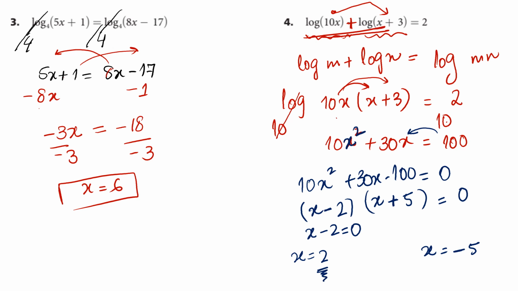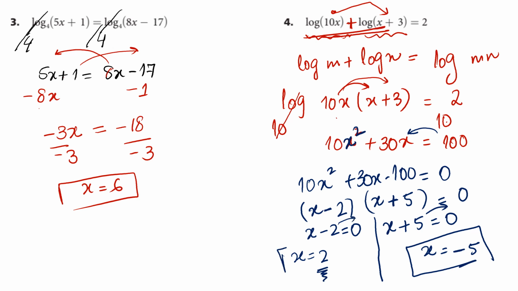So x minus 2 equals to 0 and then x plus 5 equals to 0. If you bring the plus 5 here, you will get -5. And if you bring the -2 here, you will get x equals to 2. So calculators are used actually to trick the teacher and make your life easier.